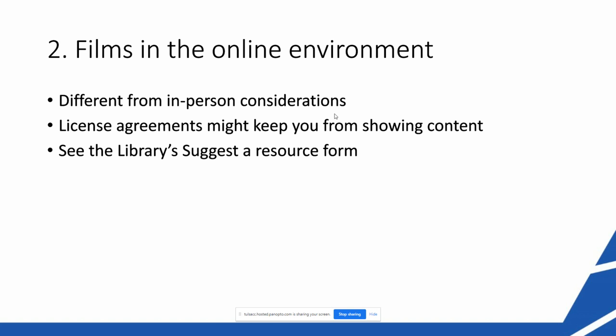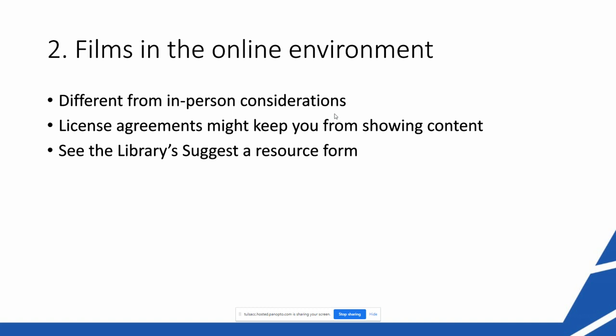But what makes things complicated for both in-person and online viewing of certain content are the licenses involved. So showing content from a streaming platform from your personal account, such as Netflix, might be in violation of your user agreement with Netflix.